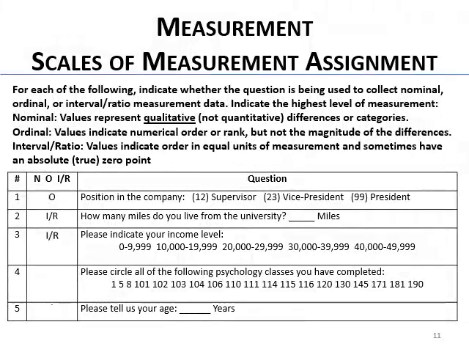It's interval/ratio. Please indicate all of the following psychology classes you have completed. All right, so they're just circling classes, and I guess we're not talking about the quantity of classes they pick, just these are the ones I chose, or these are the ones I took. So if someone selects 114 versus 103, does that mean they somehow took more classes in psych or harder ones or something?